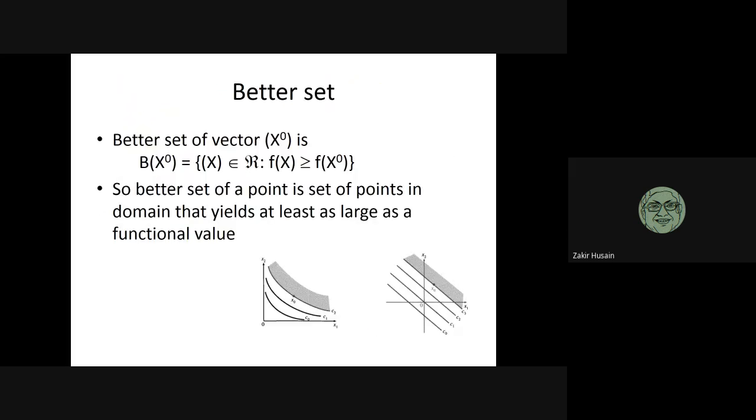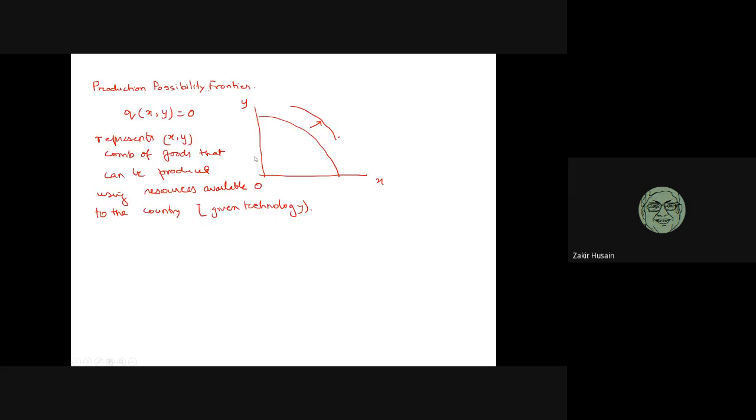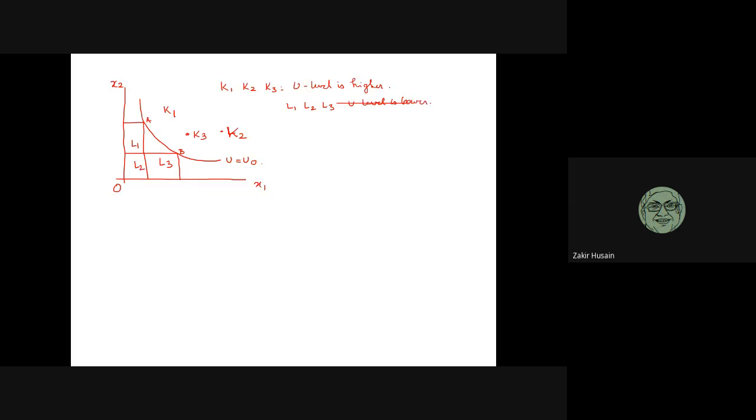So the better set is that if you put in the functional values, I'll just take one point over here. So this is a combination. For simplicity I'm writing this as y and x. So this is y1 and this is x1.